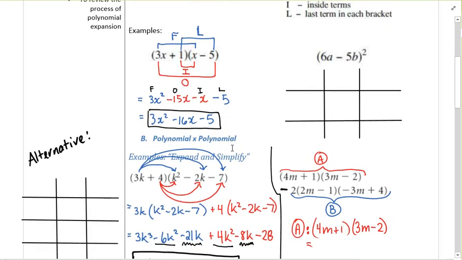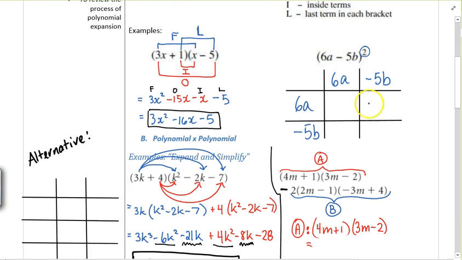Now I'm going to give you an alternative way to FOIL and these arcs, which you may not have seen before. Some students really like it, and it's forming this grid or a tic-tac-toe. So that's what I do here. I'm going to take the 6a minus 5b and split it up into its monomials. And since it's squared, we're going to write it twice.